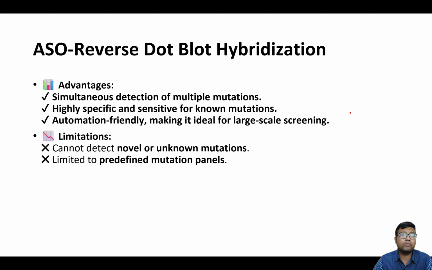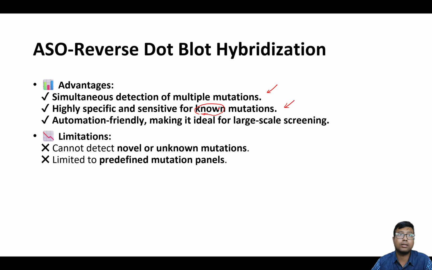It is very easy to visualize the advantages, being simultaneous detection of multiple mutations. We can detect multiple mutations because we know the variable target DNA sequences, and complementary to them we can design the allele specific oligonucleotide. Since the sequences are known, it is highly specific and sensitive for known mutations.